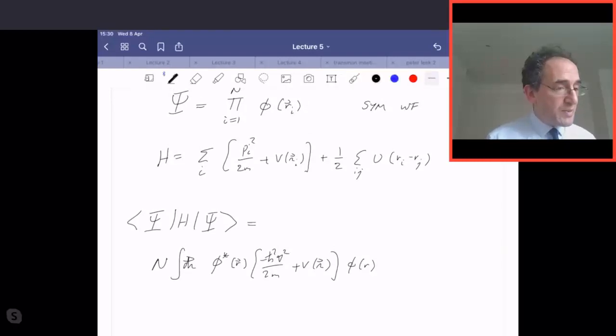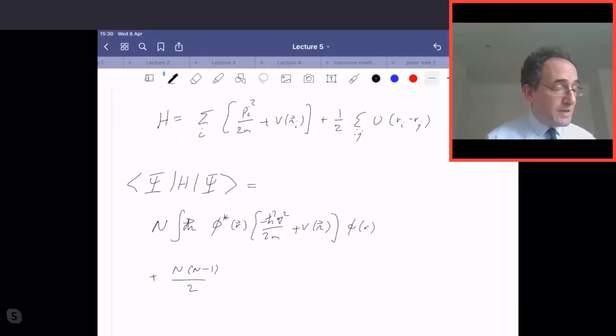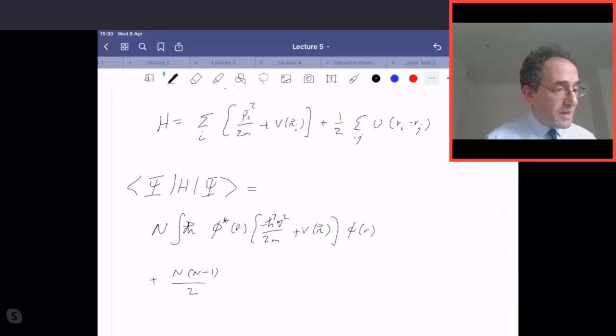What is the interaction term going to look like? It will be plus N times N minus 1 over 2. That's the number of interactions. Each particle interacts with every other one. Integral dr dr prime. It'll be phi of r squared, U of r minus r prime, times phi of r prime squared. And these are all vectors, I guess, like that.